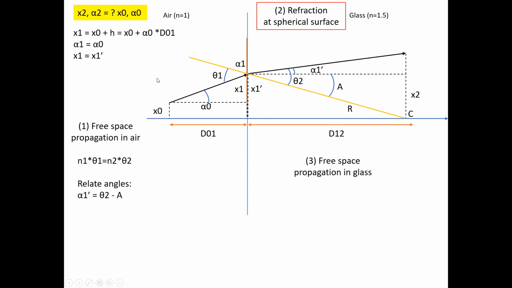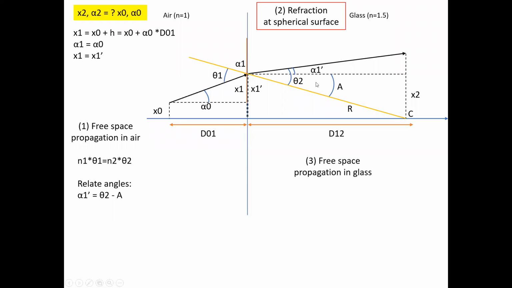x1 equals x1 prime. However, we need to work a little bit more with the angle equation, because θ1 and θ2 are angles which I just added to the problem. They are not related so far to the angles that are given to us, like alpha naught, alpha 1, etc. So we have to relate the theta angles with the alpha angles. How do we do that?